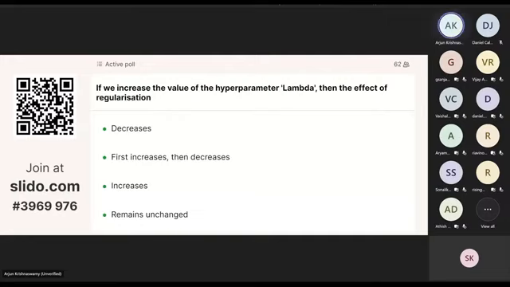Regardless of the increase, from where to where you increase, you still have the same trend. The effect might be a little lower, but the trend is same. So don't get confused.